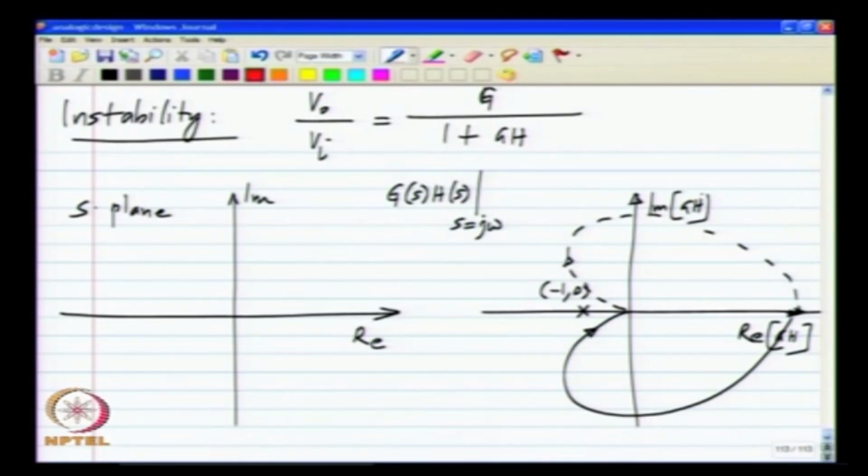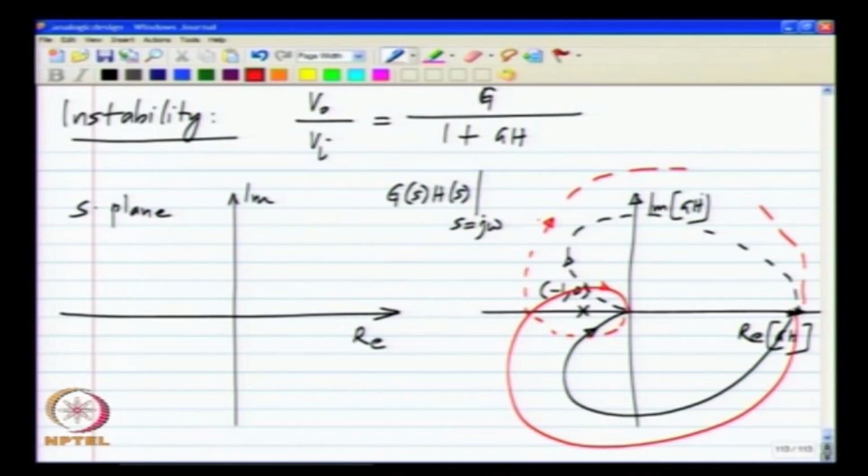On the other hand, if the picture looks something like this, okay, then it looks like minus 1, 0 is enclosed by this plot of imaginary part of the loop gain versus real part of the loop gain, which is evaluated on the j omega axis, okay. So, in this case the system will be unstable, okay.